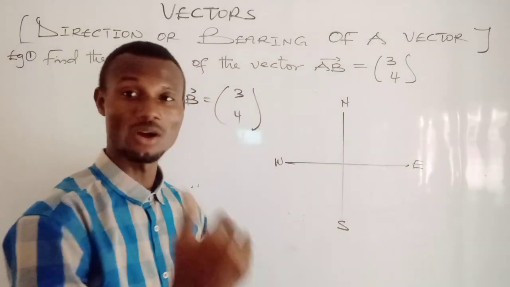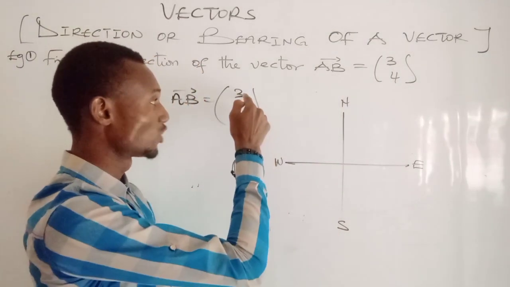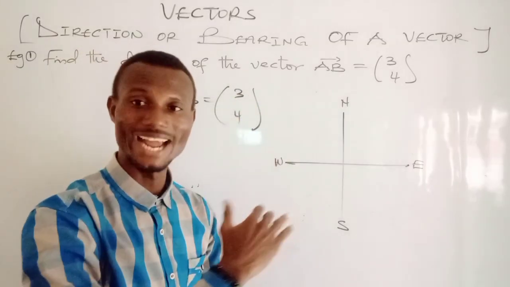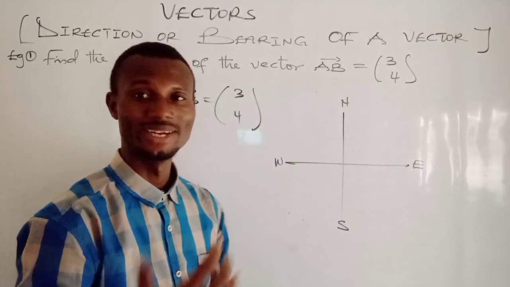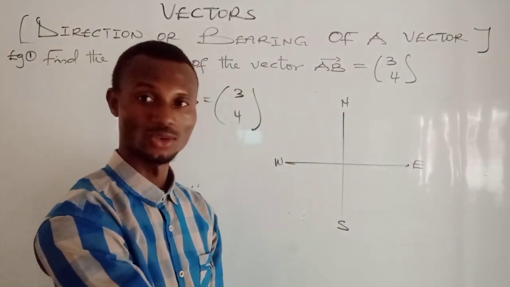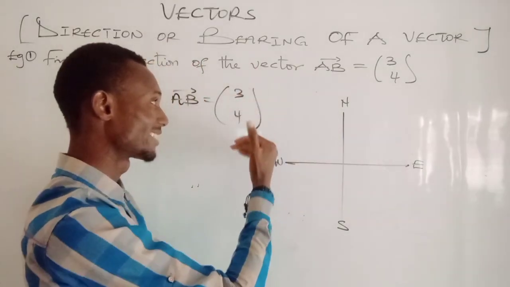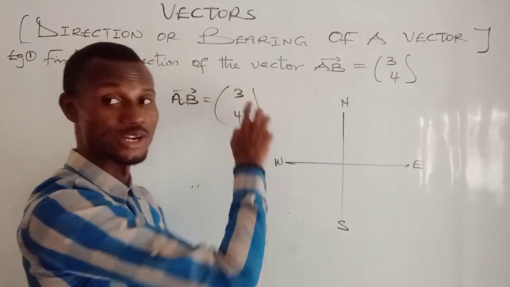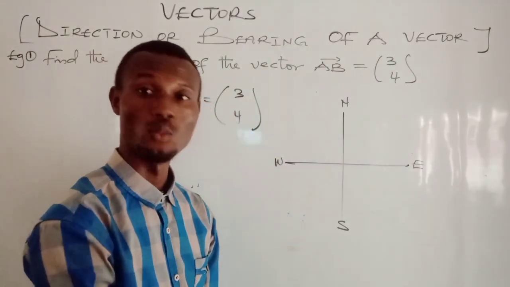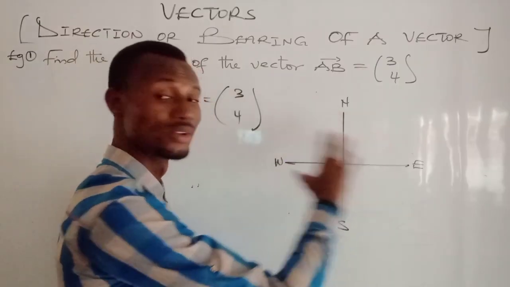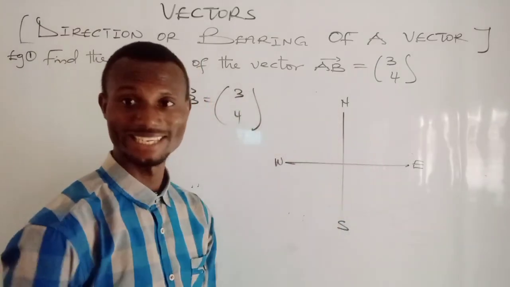You can all agree with me that the top value refers to the x component and the down value refers to the y component. So anytime you have a vector like this, the top value is the x component, the down value is the y component. So we are going to draw this on the cardinal point.